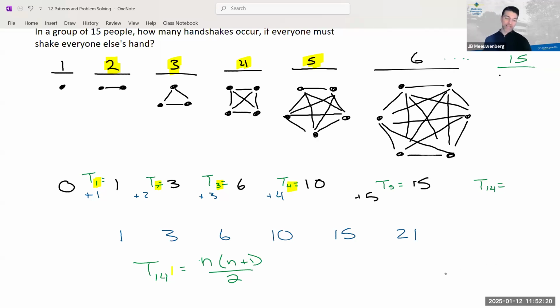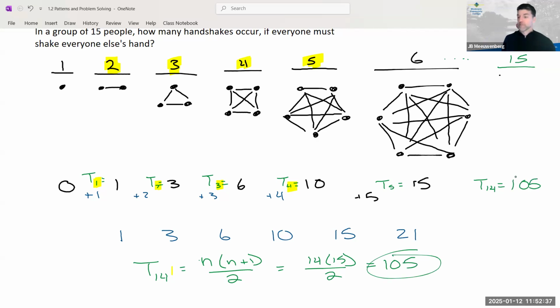It's always one less than the number of people. So we would do 14 times 15 and then divide that by 2. And if you do all that calculation, it comes out to 105. 105 handshakes would be required if there are 15 people in a room and every single person has to shake everybody else's hand. So that's where we end, right?